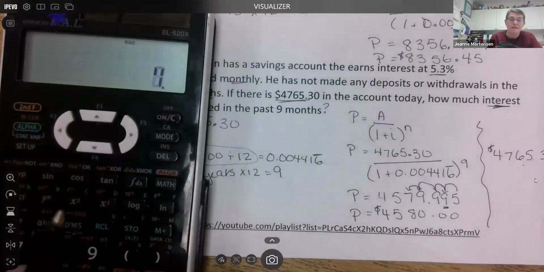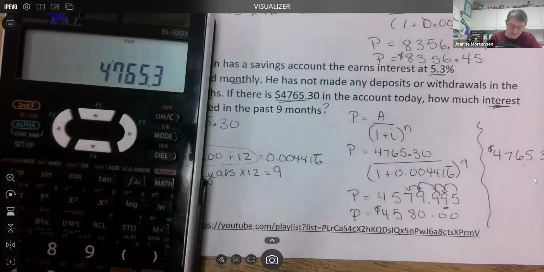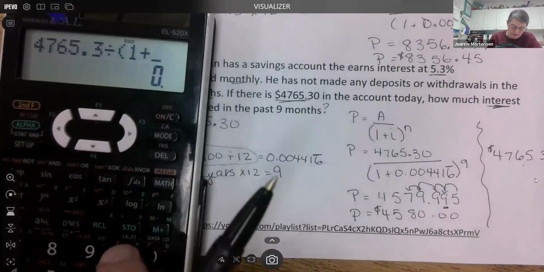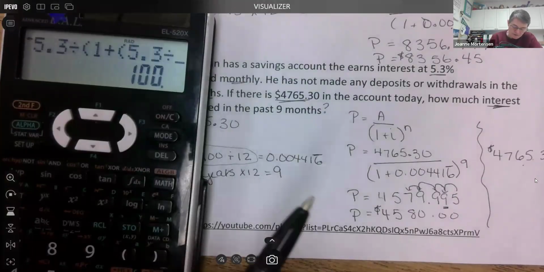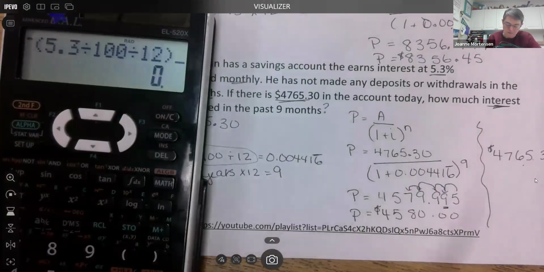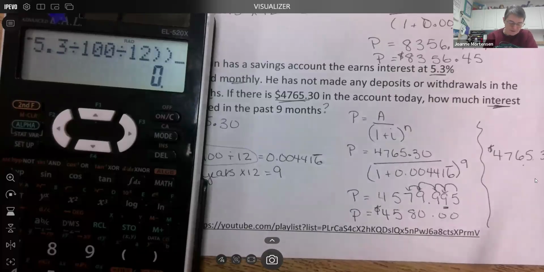All right. 4765.3 divided by bracket 1. I think I missed the plus maybe. Plus bracket 5.3 divided by 100 divided by 12. Close my bracket. So there's my interest. Well, I think I need another bracket. Maybe that's what went wrong.